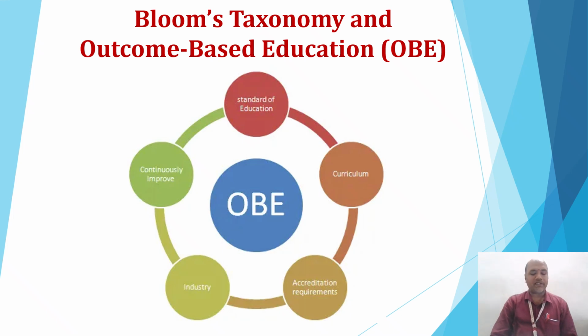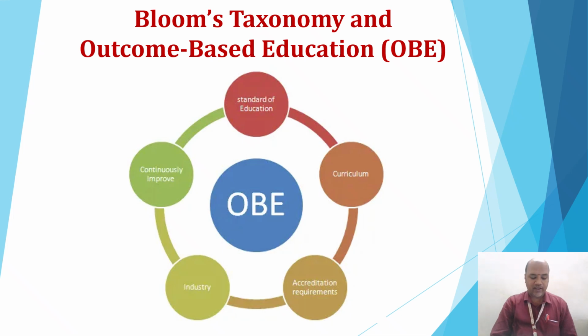Okay. Bloom's taxonomy and outcome-based education. Course outcomes (COs) are written using Bloom's action verbs. Each CO is mapped to a specific cognitive level. Assessment questions are designed to match the CO level.